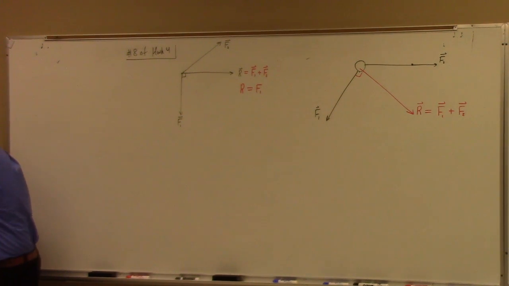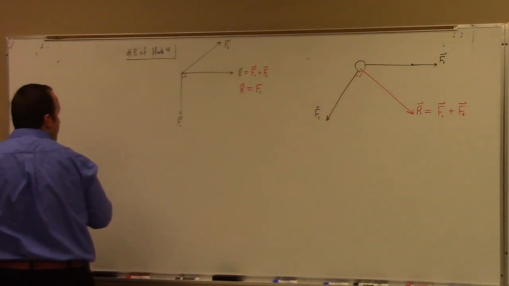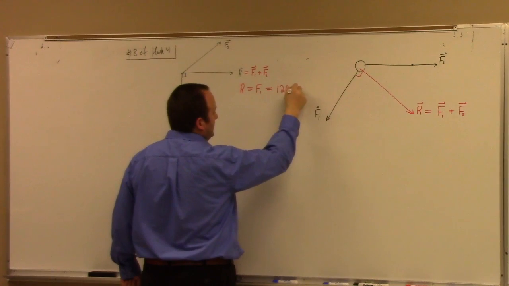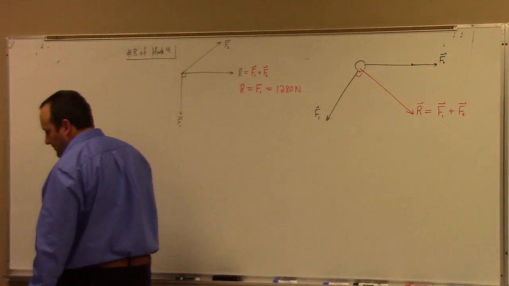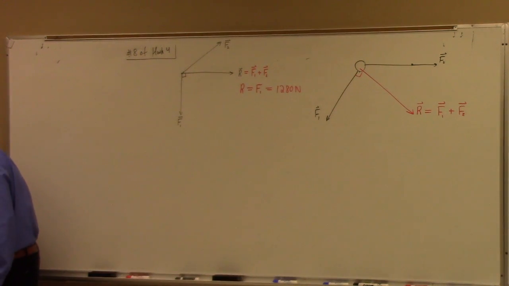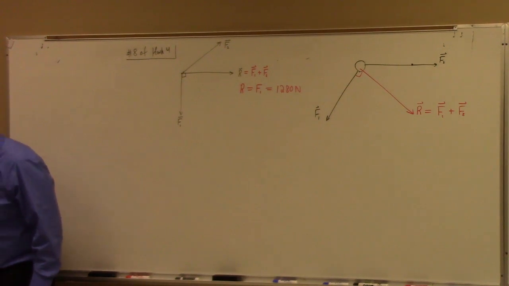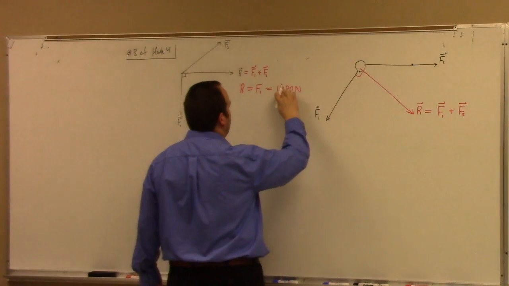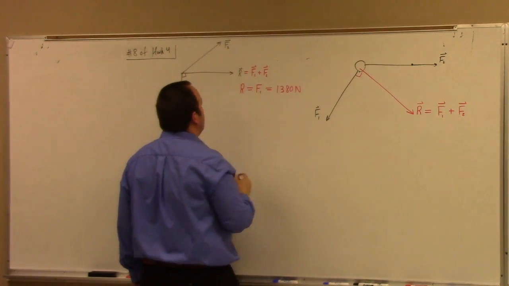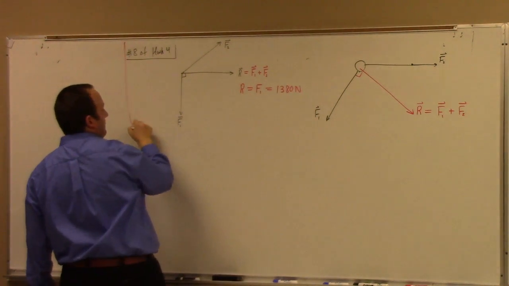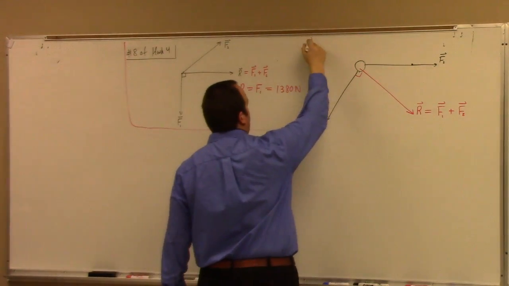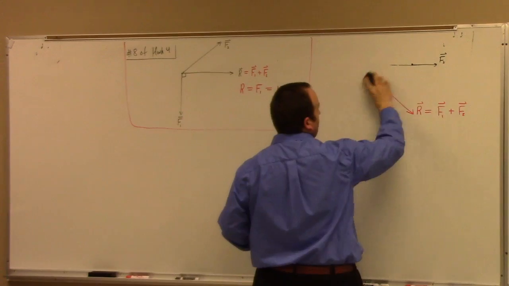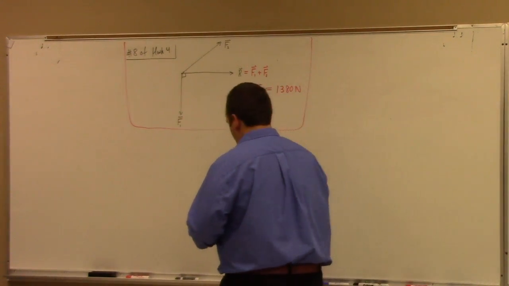We're also given a value for F1 and for R. For my problem, it's 1,380 newtons. Yours might be a little bit different, different numbers, but same idea. So this is what's given. What's the question?